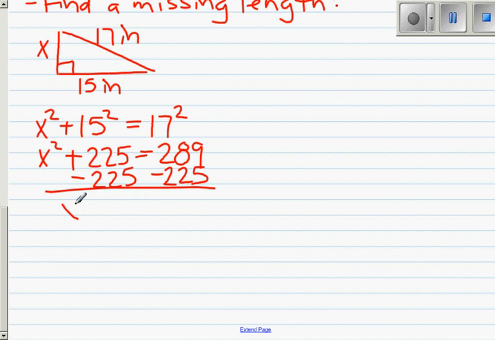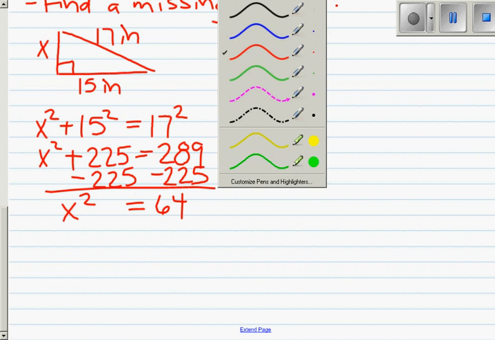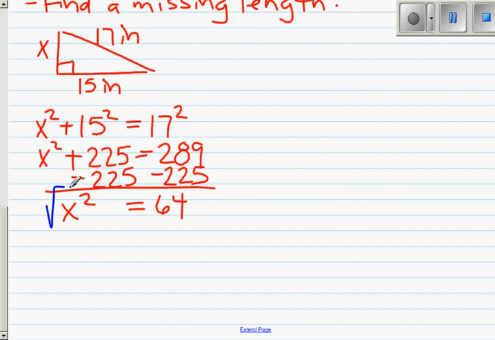When we do that, we calculate x squared is equal to 64. Go ahead and take the square root of both of those, and we end up with x equals 8. Don't forget to label inches.